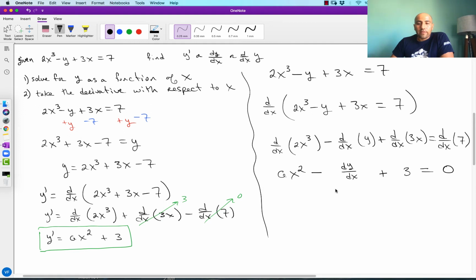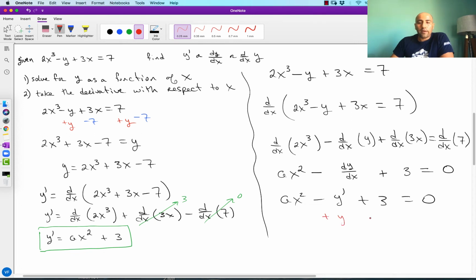All right, and note that once we have this, well, this notation is awkward, but it's the derivative, right? So we can just go back to this notation, y prime plus 3 equals 0. And now all we have to do is solve for y prime. Okay, so I'm going to add y prime to both sides, like any other variable, solve for y prime.